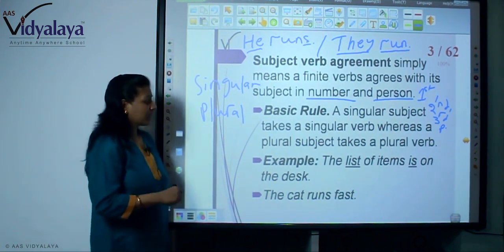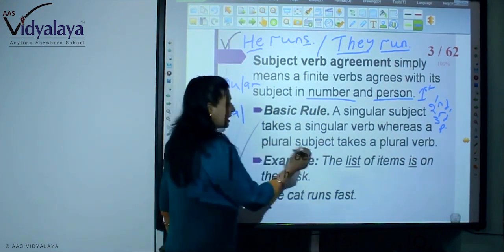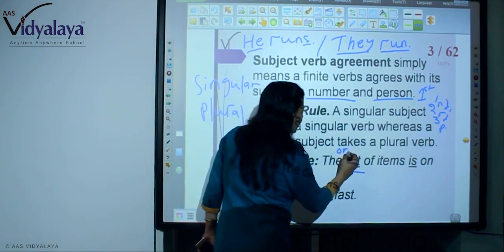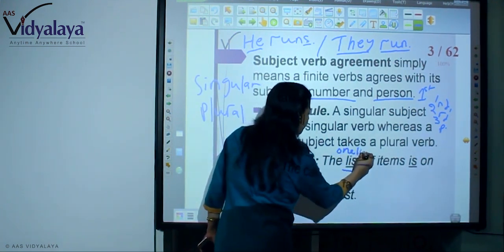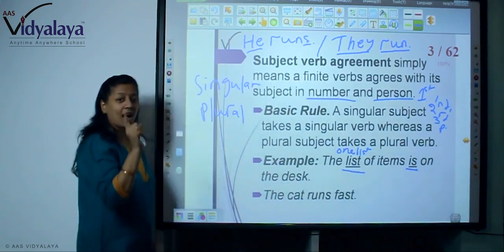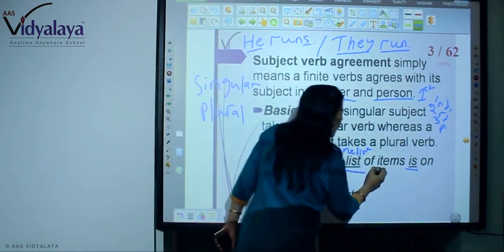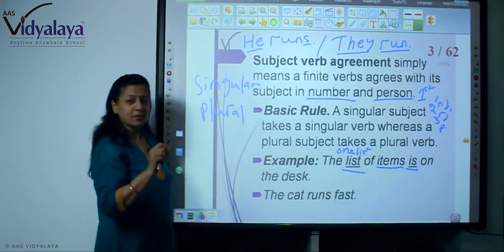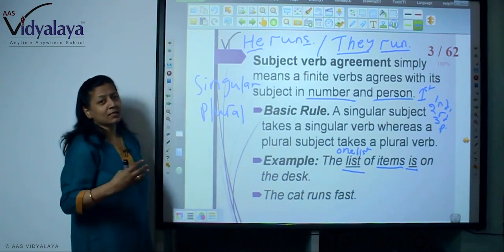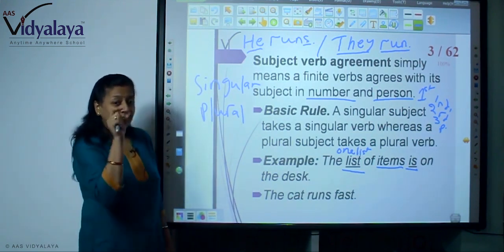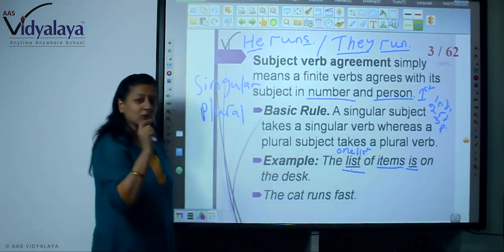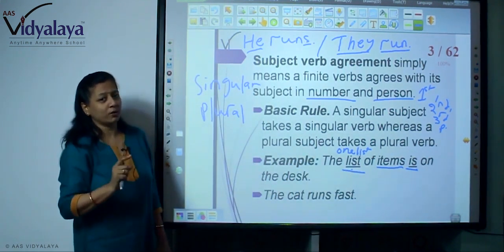Now, example, the list of items. Here you are saying list, that is one article, one list. So, our verb is not are, though there is a word like items there. You may say items means it's plural, but the main subject is the list. So, according to the subject, your verb will be.